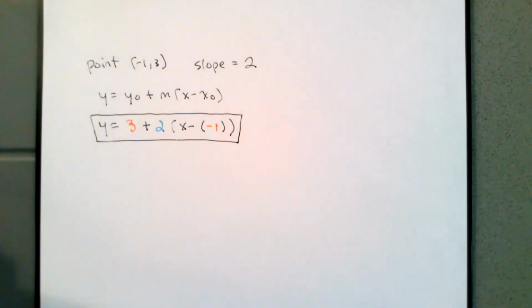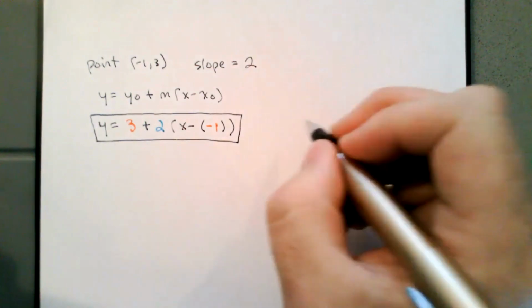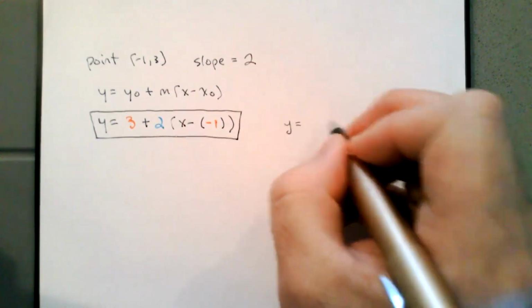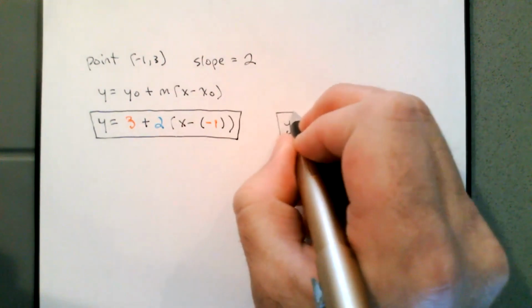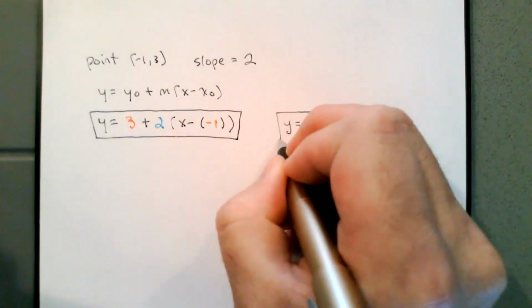As some of you have pointed out, this line has a y-intercept of 5. If I just multiply all this out, here we have it in b plus mx form.